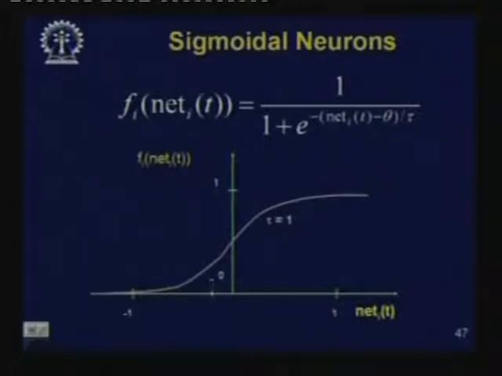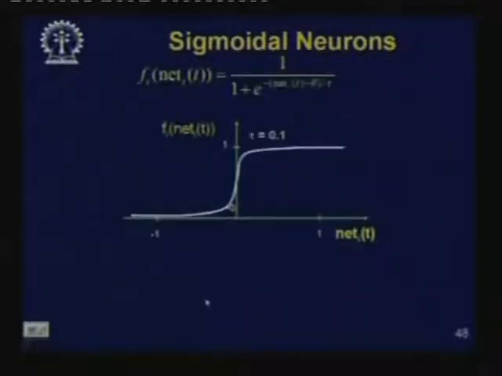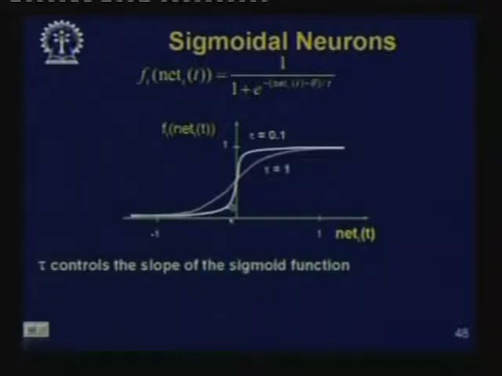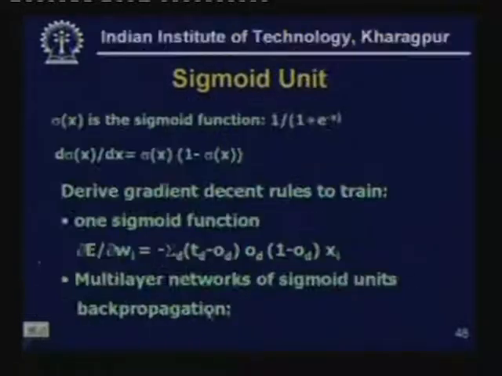For k equal to 1, we get a function whose shape is this pink curve, but for k equal to 0.1, we get this curve. So, for different values of k, we can find different shapes of the sigmoid curve.